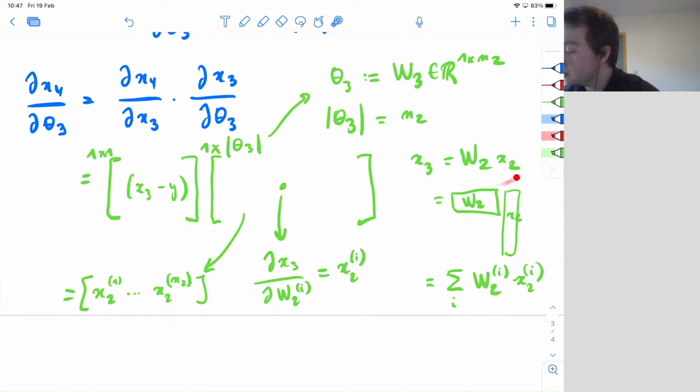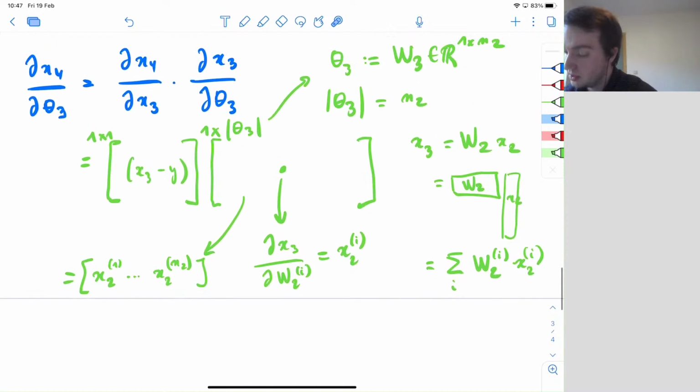So there was a question, what does that mean? Yeah, it just means I'm doing some general matrix multiplication. So I consider that this is a matrix of dimension 1 times n2, and this is another matrix of dimension n2 times 1. All right.